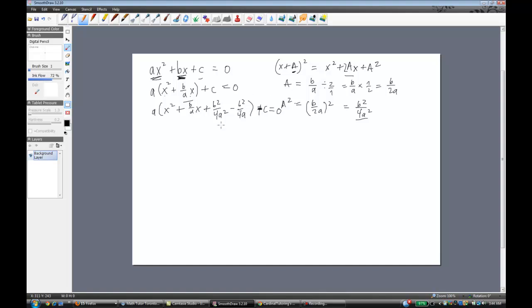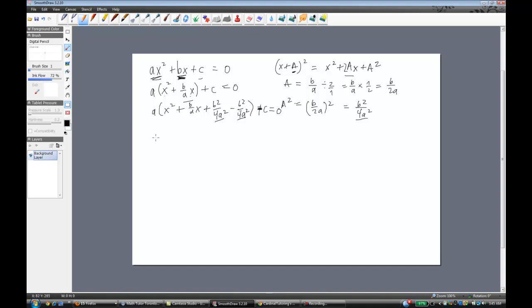The A squared is b squared over 4a squared. However, we cannot simply add b squared over 4a squared without changing the value of the left side in the previous line. And to maintain equality of this equation, we must essentially cancel this term at the same time as we add it. Okay, but in a sense we're uncanceling it. So the result is that we have plus b squared over 4a squared minus b squared over 4a squared. And therefore the value of the left side does not change and the equation remains true.